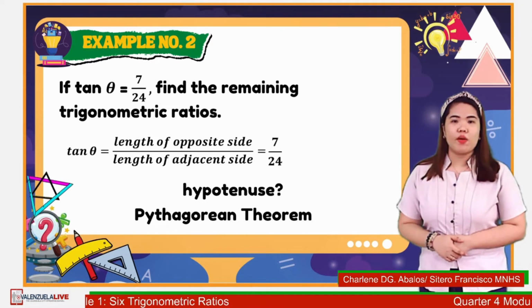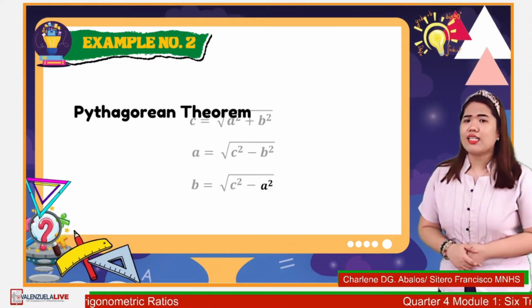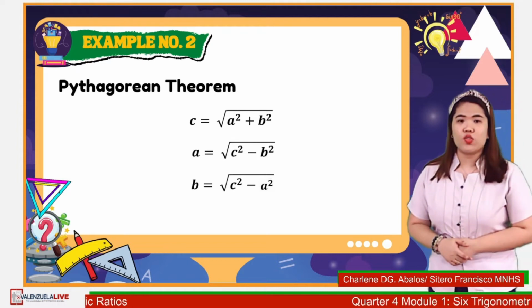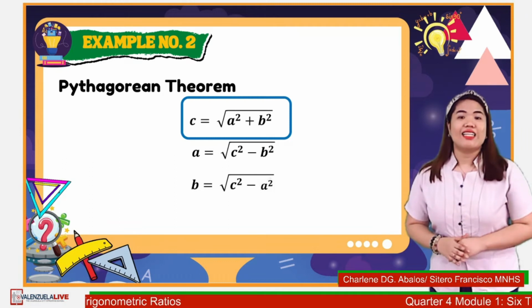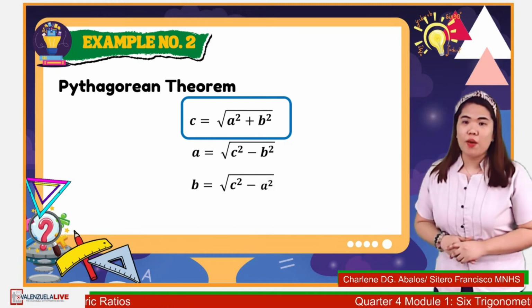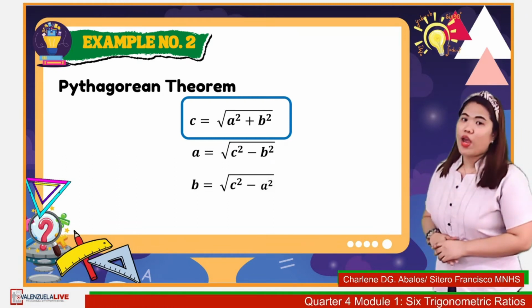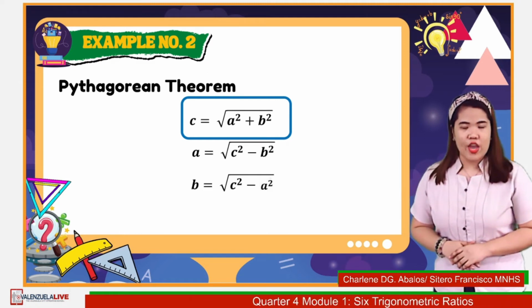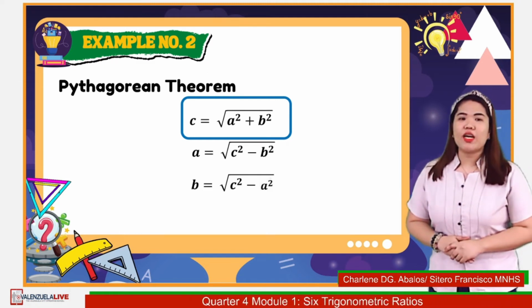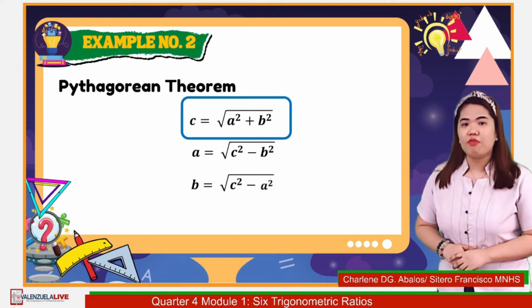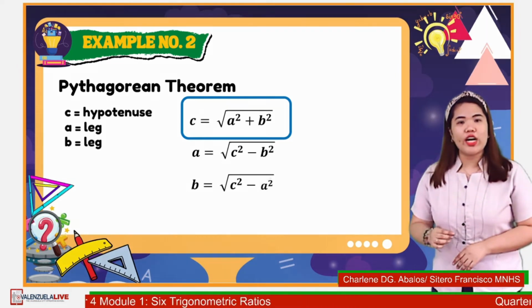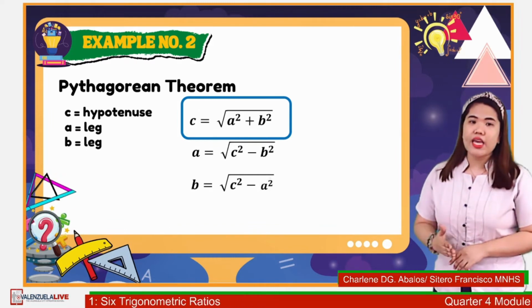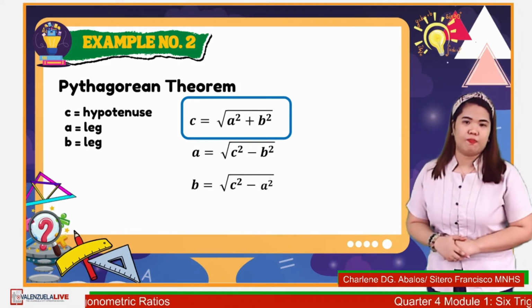Based on this given formula, what do you think is the appropriate formula to use in getting the length of the hypotenuse? That's right. We will use the formula C is equal to the square root of A squared plus B squared because we are about to get the length of the hypotenuse. As we all know, C is for the hypotenuse while A and B are for the lengths of the legs of the triangle.